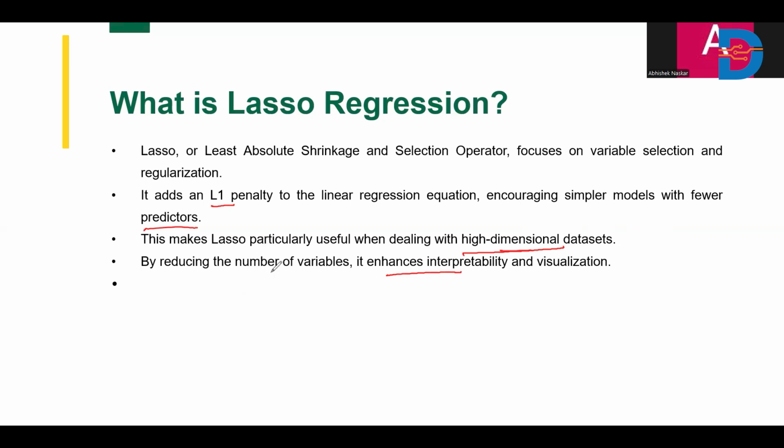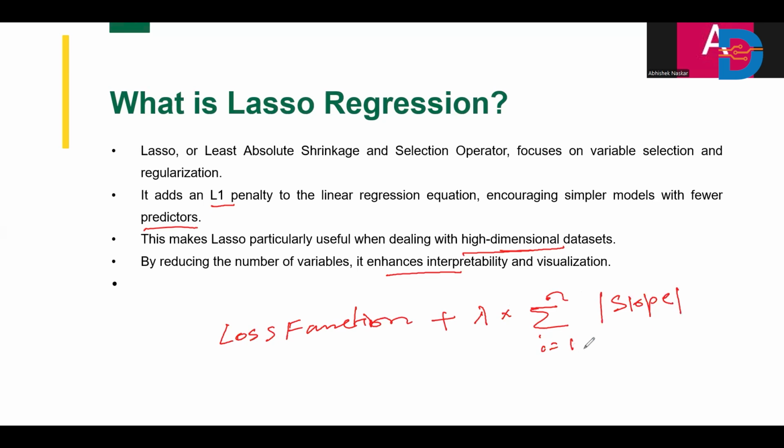So in the L1 penalty, what happens exactly? We have a particular loss function, and in the case of Lasso regression we add a penalty to it, which is the L1 penalty: lambda times the summation from i equal to 1 to n of the modulus of the slope.